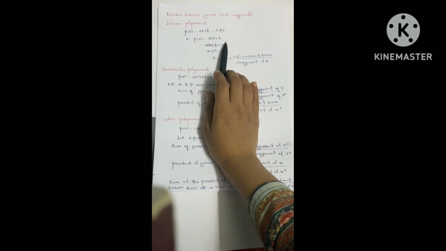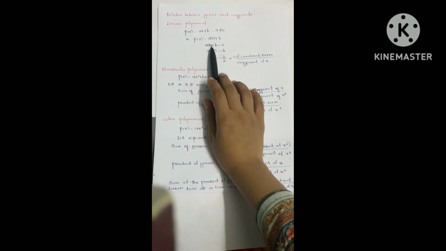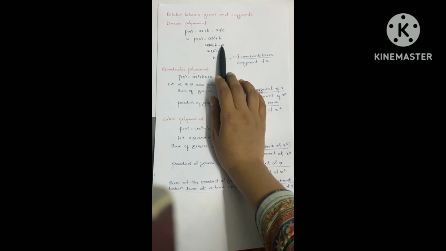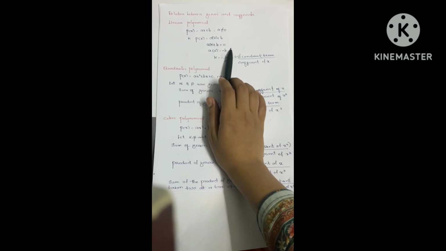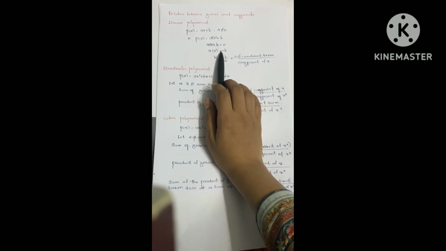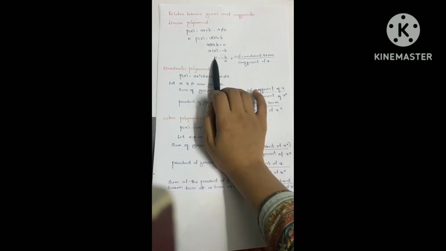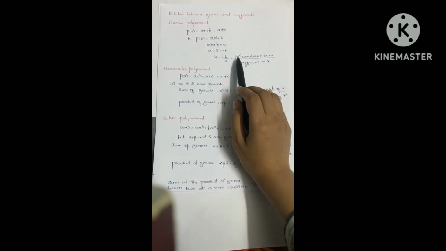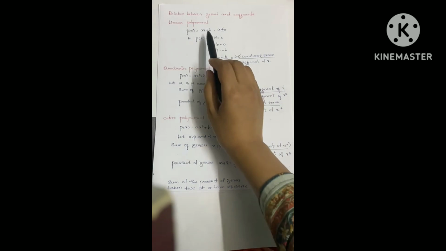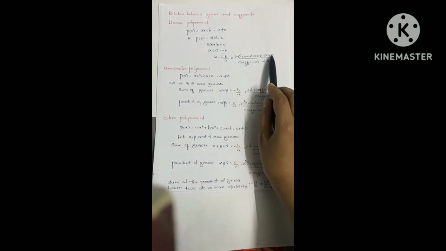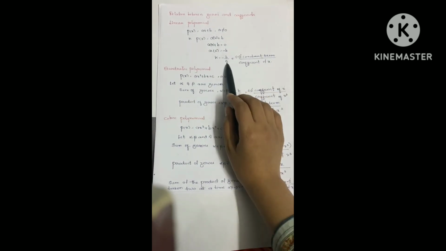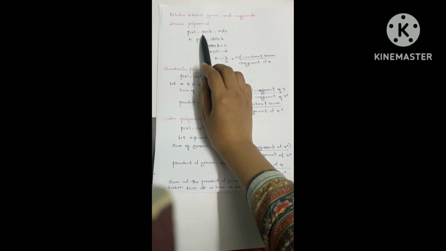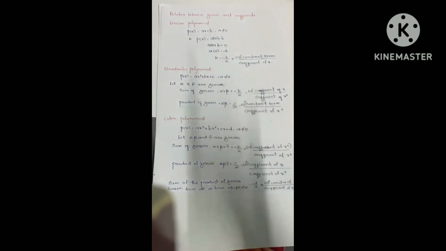When I equate this with 0, a of k plus b is equal to 0. I'll send this b to this side, so a of k is equal to minus b. Therefore k is equal to minus b by a, which is equal to minus 1 to the power of 1, times b, the constant term, divided by a, the coefficient of x.